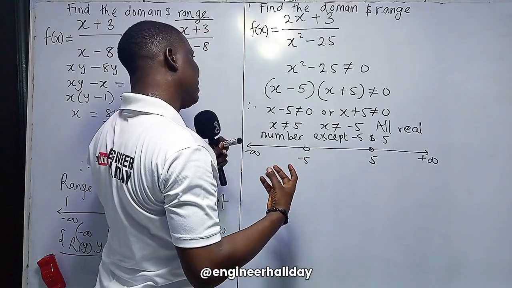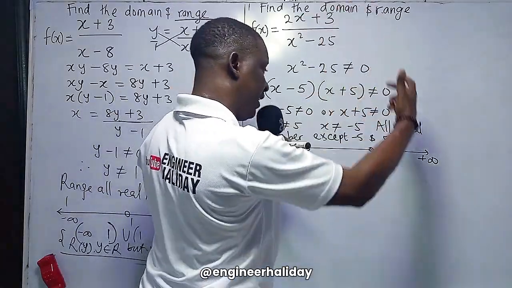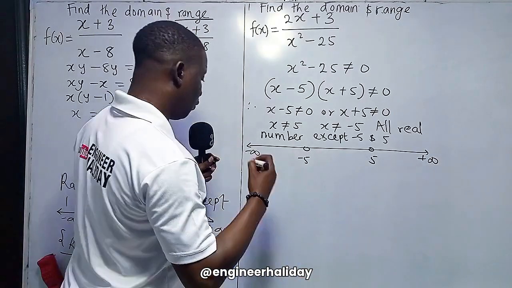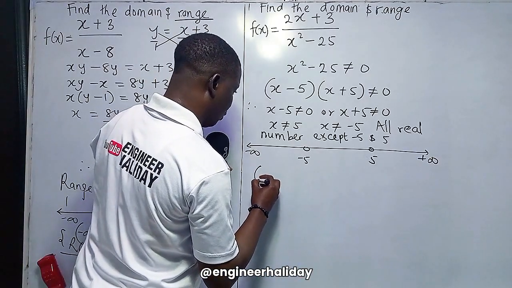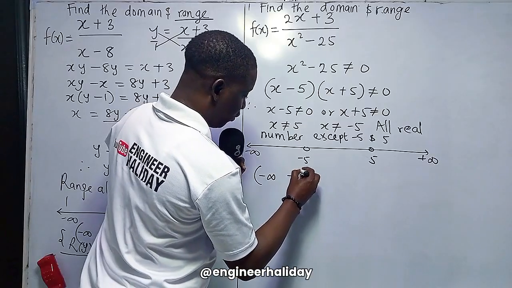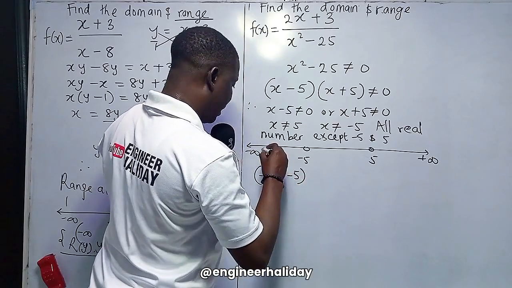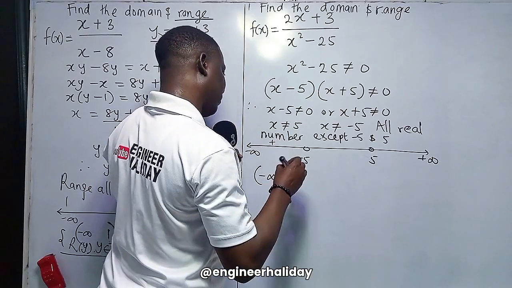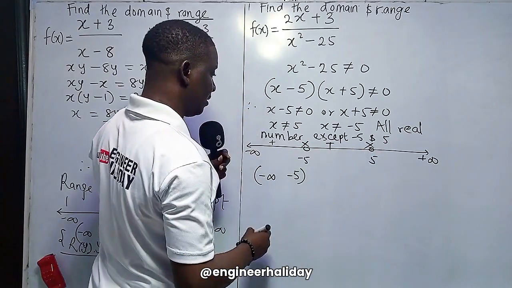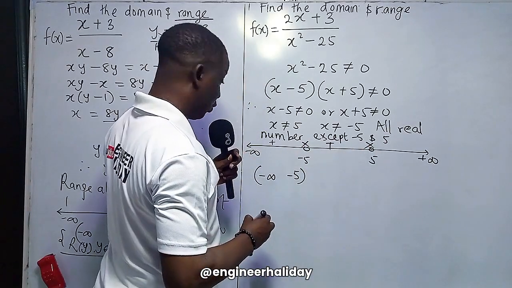And you cannot solve for domain and range under a condition of undefined. So that means I'm going to have my range to be minus infinity to minus 5. That means all these ones are valid, but this one and this are not valid, so they will not be included.